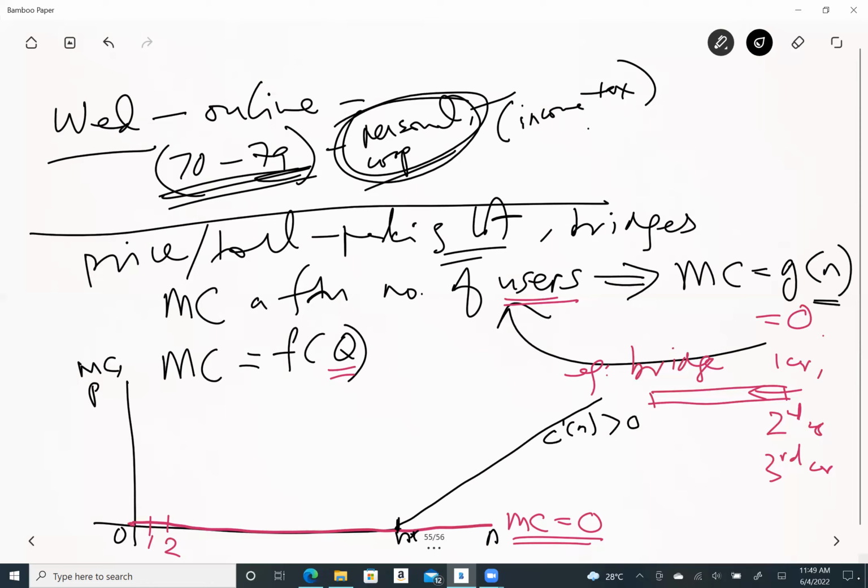So up to n star, 0. After n star, we incur congestion cost that is shown by the positive marginal congestion cost. So that is going up. Okay. So the curve goes up. You can draw it as a straight line or a curve, that's fine. It doesn't matter. So I just draw it straight up.